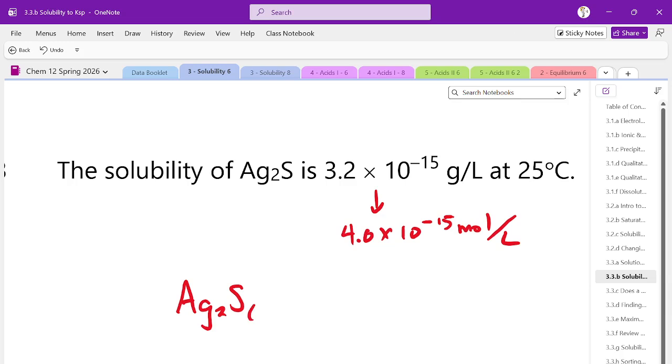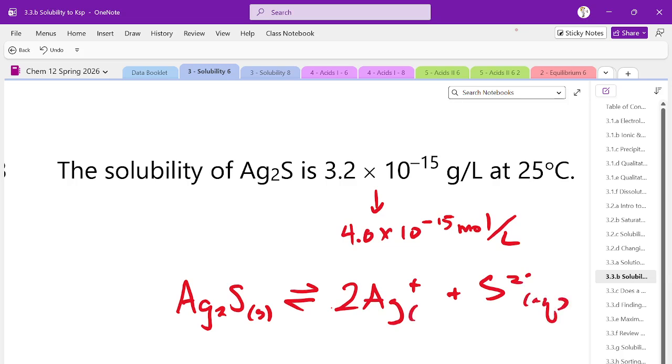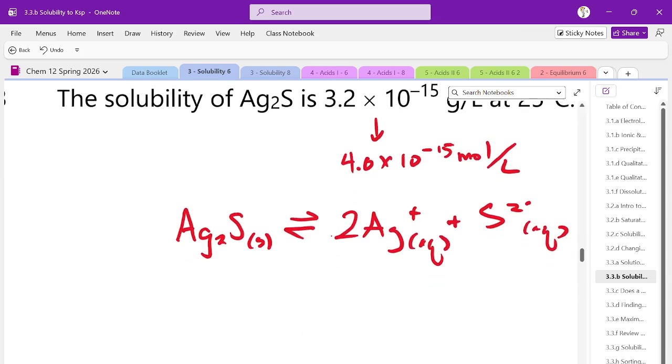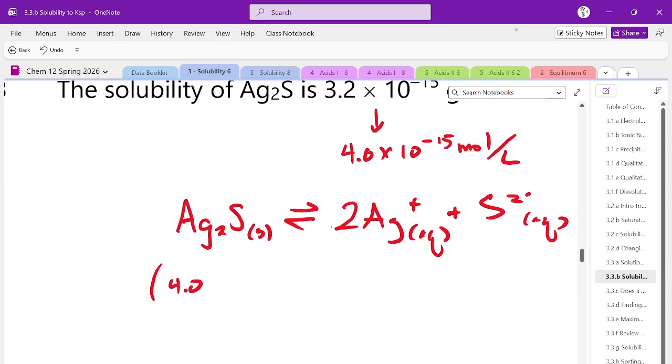We would write our ICE table. And this would be 4.0 times 10 to the negative 15.